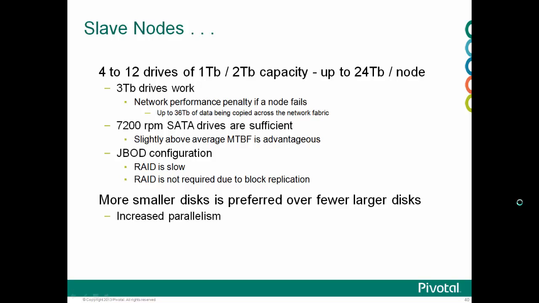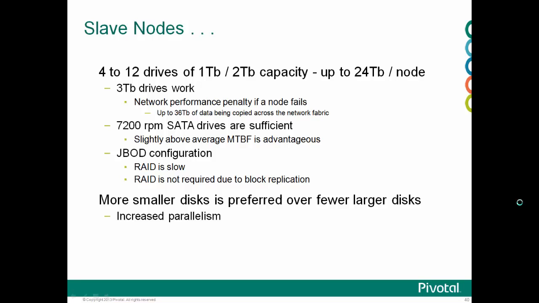Okay. Traditional 7200 RPM SATA drives are sufficient. If you want to spend a little bit more money, then slightly above average MTBFs might be an advantage. Traditionally, it's going to be the drives that are going to fail most frequently in your Hadoop cluster. The drives are configured as just a bunch of disks, JBOD.